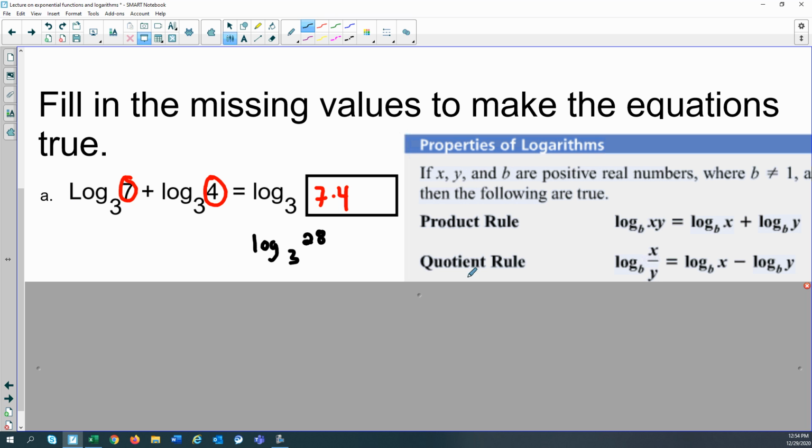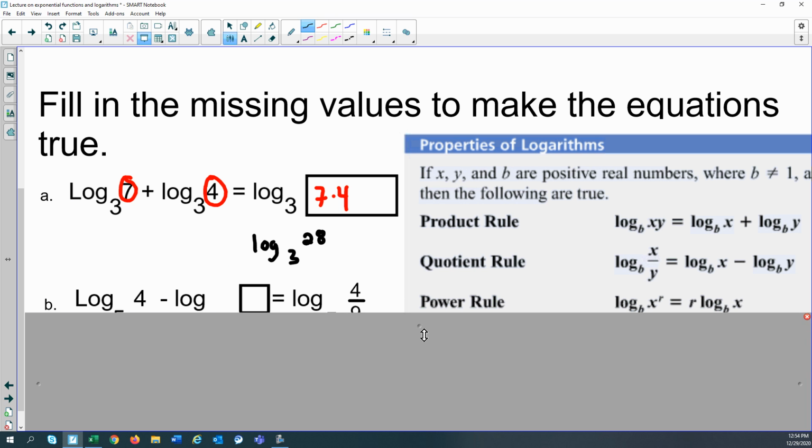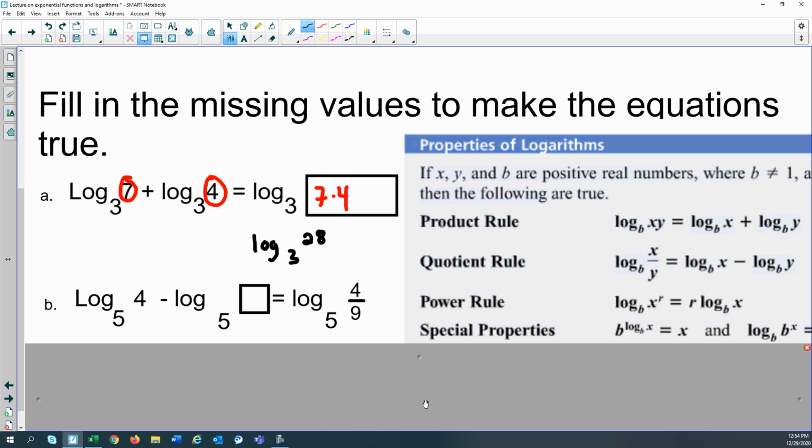Okay, and you're just using the properties here. So again, we have two logs. They've been condensed together as just one. There's subtraction. They have the same bases. So we're looking at the quotient rule here. And the quotient rule says that if you have two that are being subtracted with the same base, then the result can just be the log of the same base and the quotient of the two values, or division.